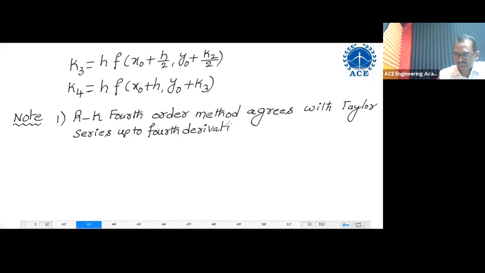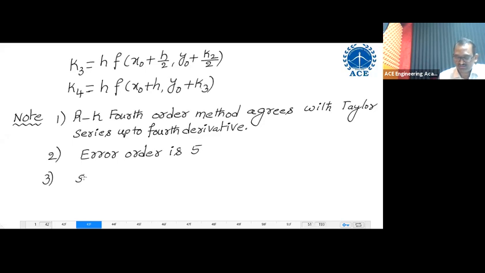If you try to solve using Taylor series up to fifth derivative, definitely you will get error. You will not get an accurate answer. So the error order is 5.